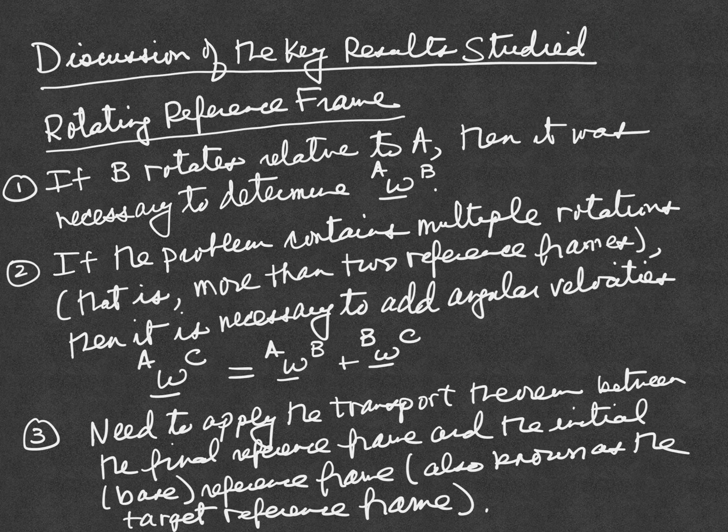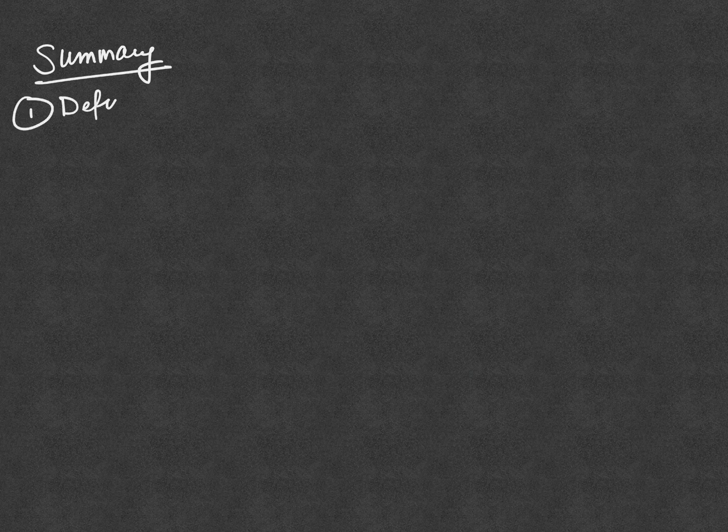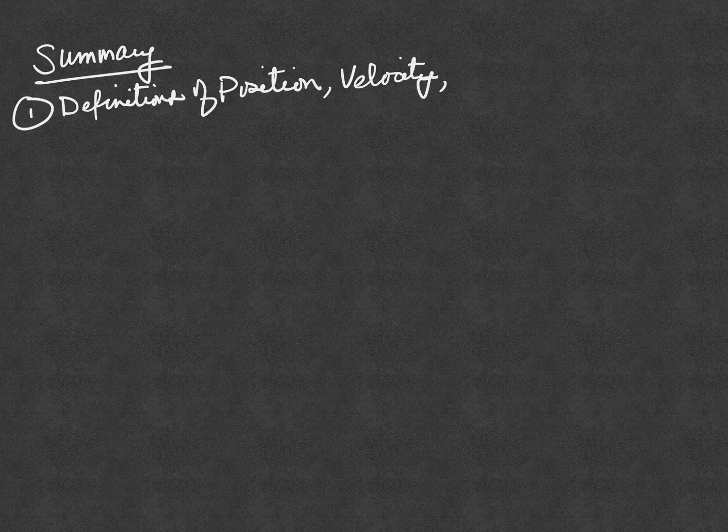So that takes us to the end of this particular lecture. Now let's summarize what was studied in this lecture. First, we provided definitions of position, velocity, and acceleration of a point.